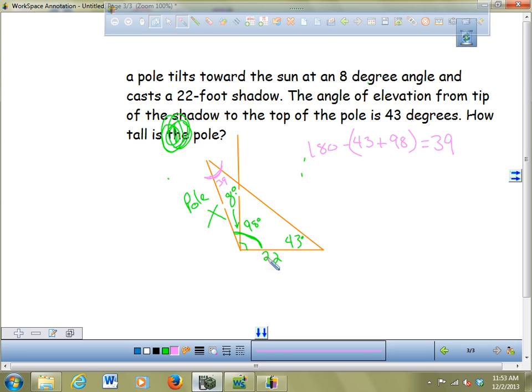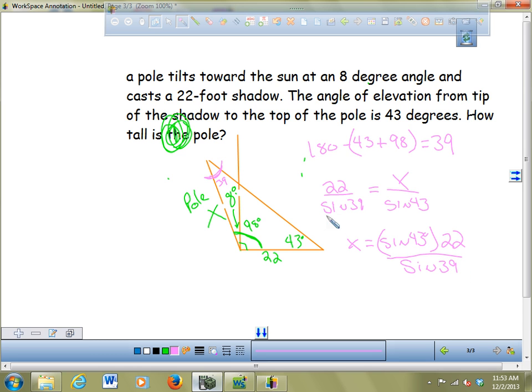So now I can use the law of sines. I'm going to use it upside down because it's easier. 22 is to sine of 39 as x is to sine of 43. And then I'm going to solve that for x. So x equals sine 43 times 22, divided by sine of 39.